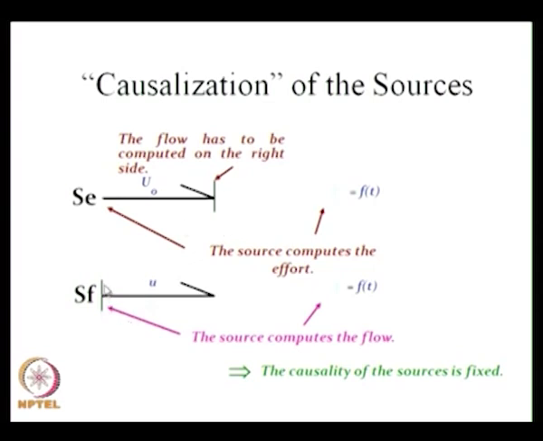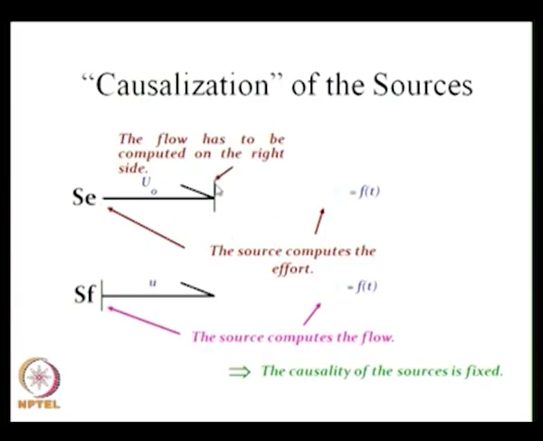Similarly here, for the source flow SF, the causal stroke is here, therefore the flow has to be calculated here and effort is to be calculated here. So here the source computes the effort and here the source computes the flow. That is how we give the causality stroke, and these are the mandatory causalities for source effort and source flow.